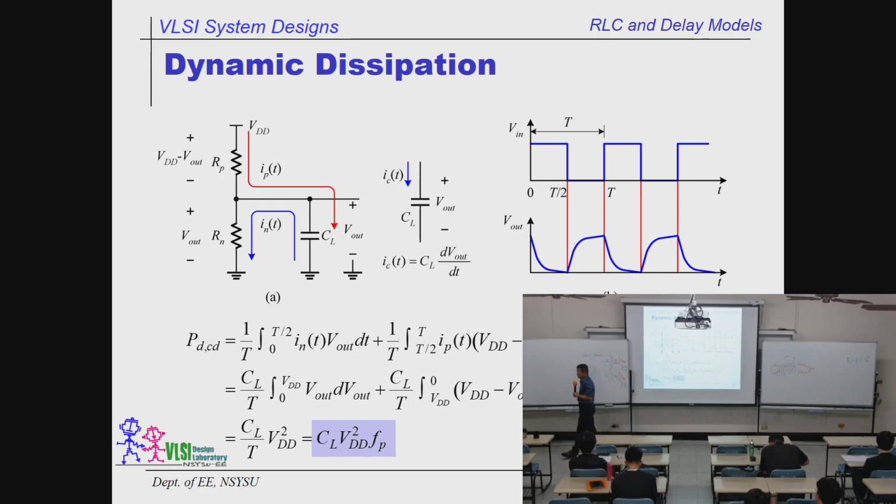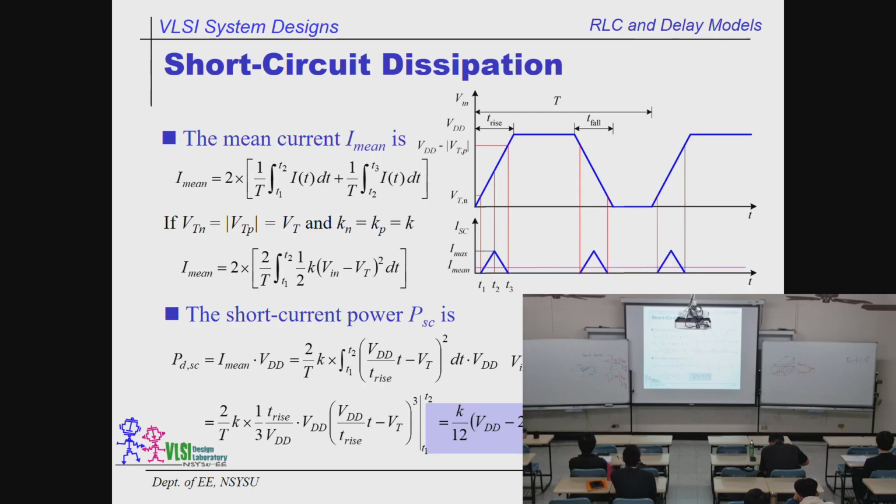But in the meantime, you have to be aware of one thing: you cannot lose the speed performance. The other term addressed in the dynamic power is called the short circuit dissipation. What is that? I use this figure to tell you.